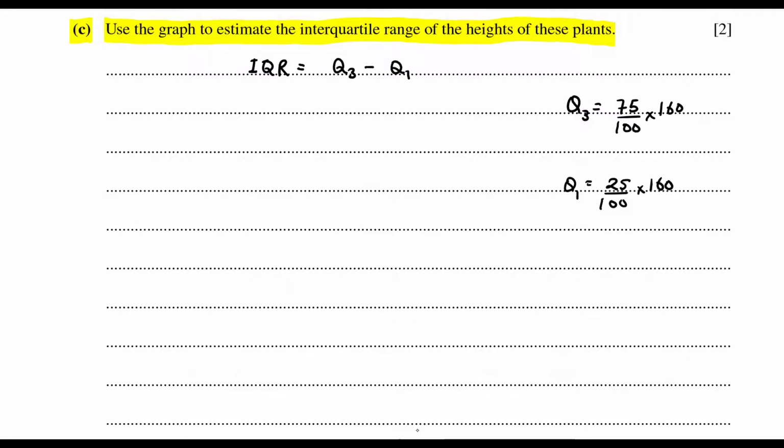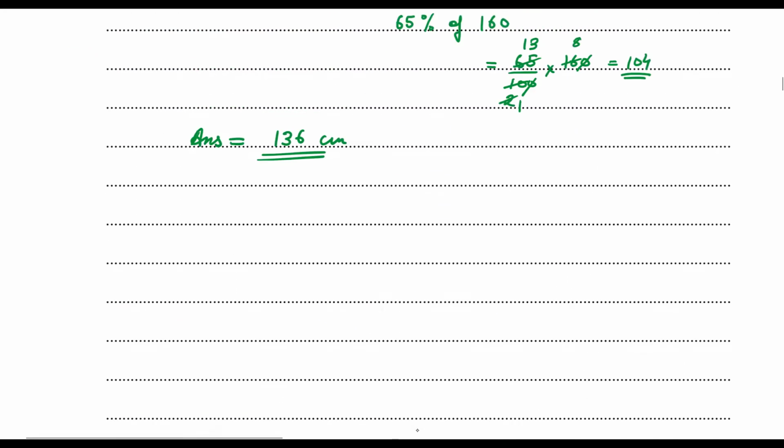Similarly to part B, we calculate Q3 and Q1. If you cancel, this is 15 8s, which are 120. Similarly, 25 1 25, 4 1 4, so it is 40. So Q1 corresponds to 40, and Q3 corresponds to 120 frequency.